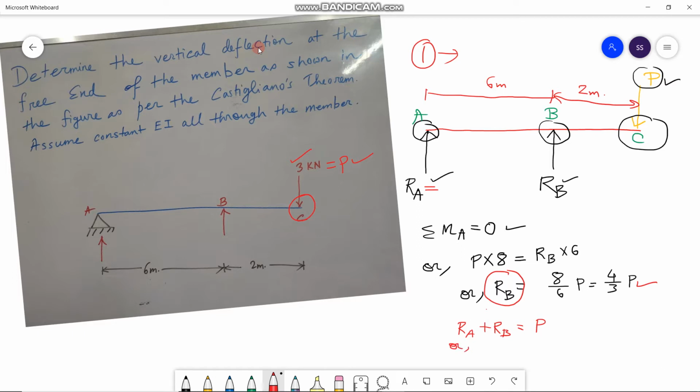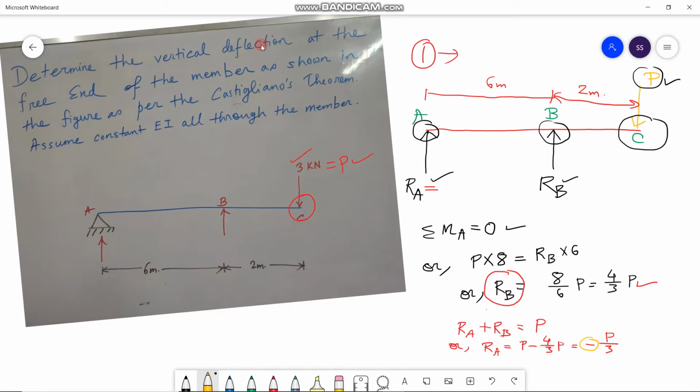Already we have calculated RB equals 4 by 3 P. So from that calculation we get P minus 4 by 3 P, that means RA equals minus P by 3. From the calculation we can see that the reaction force at A is minus P by 3. That means the reaction has a negative value.